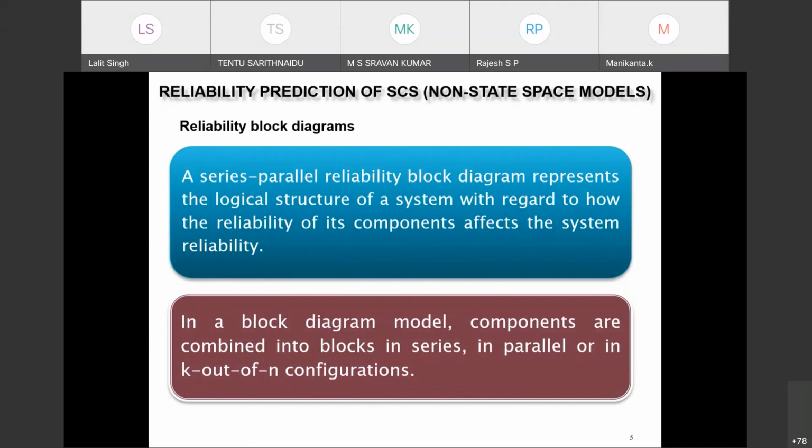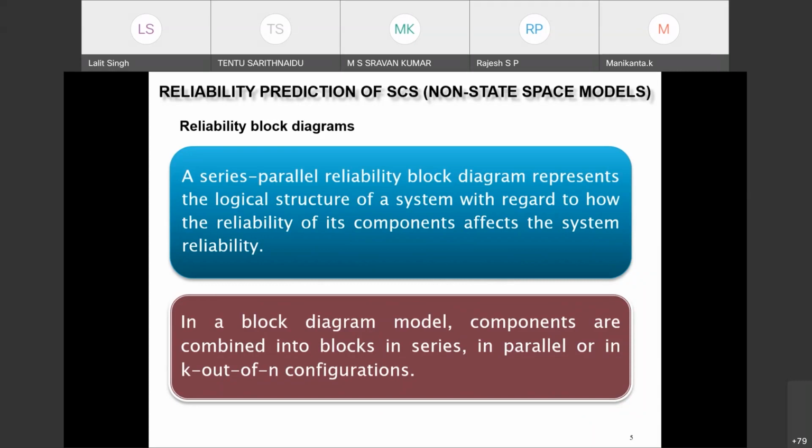One of the prominent models is known as the reliability block diagram, and it represents the logical structure of the system with regard to how the reliability of its components affects the system reliability. For example, suppose you have a system in which only two components are there, with reliabilities R1 and R2 of those individual components.